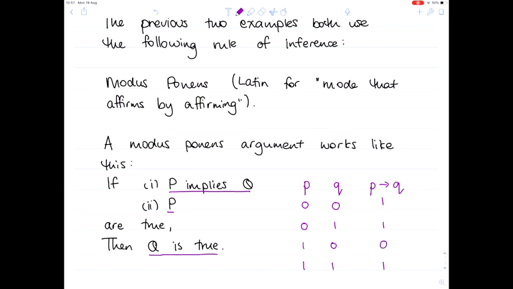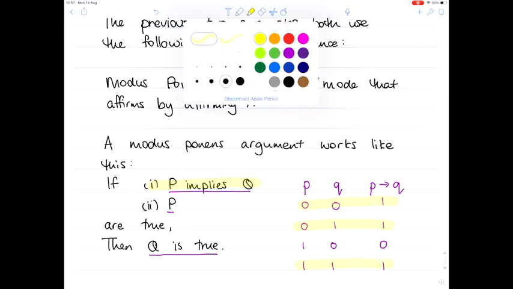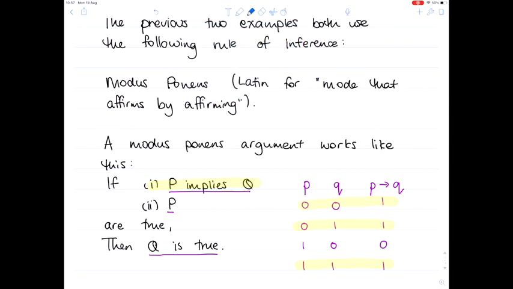Okay, so now, if we're assuming that P implies Q is true, then we must be in one of these cases, because those are the only three cases where P implies Q is true. On the other hand, if we assume that P is true, then of those three cases that we're in, the only one in which P is true is this case over here.